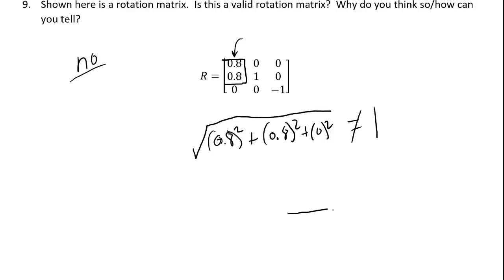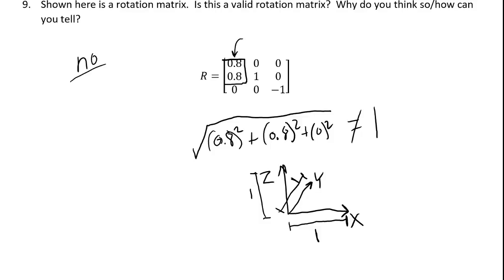In any kind of frame that we have, let's just do x, y, and z, we always assume that the length of each of these axes is 1. So the length of x is 1, the length of y is 1, and the length of z is 1. So when we project these axes onto other axes, let me show an example here.